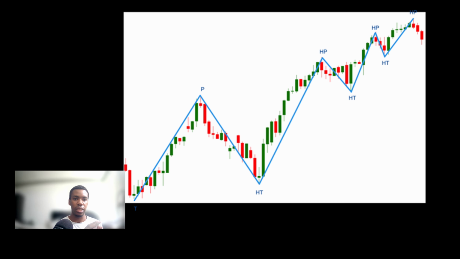If there is a sequence of a peak, a higher trough, and then a higher peak, this defines a long-term uptrend. If there is a sequence of a trough, a lower peak, and then a lower trough, this defines a long-term downtrend.